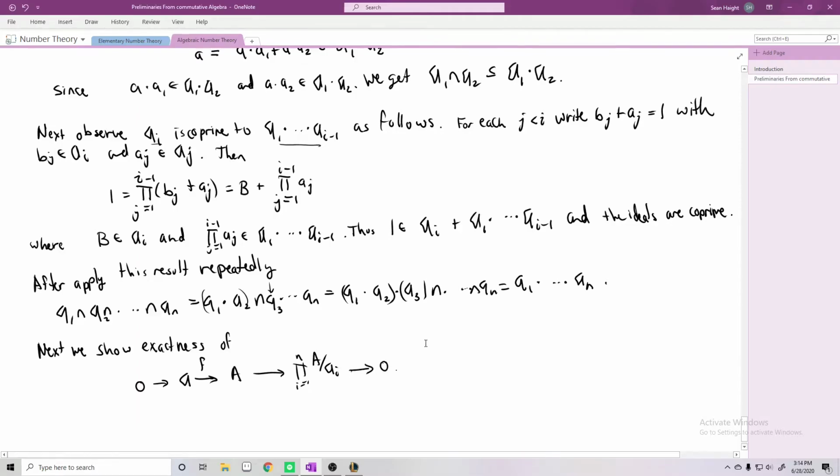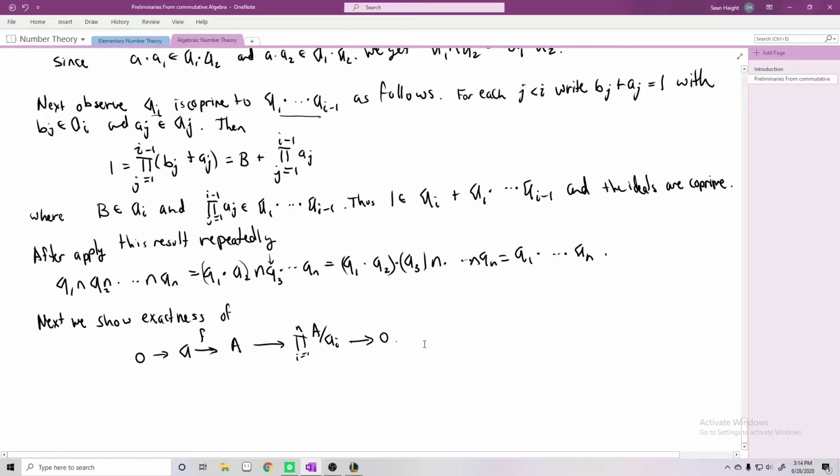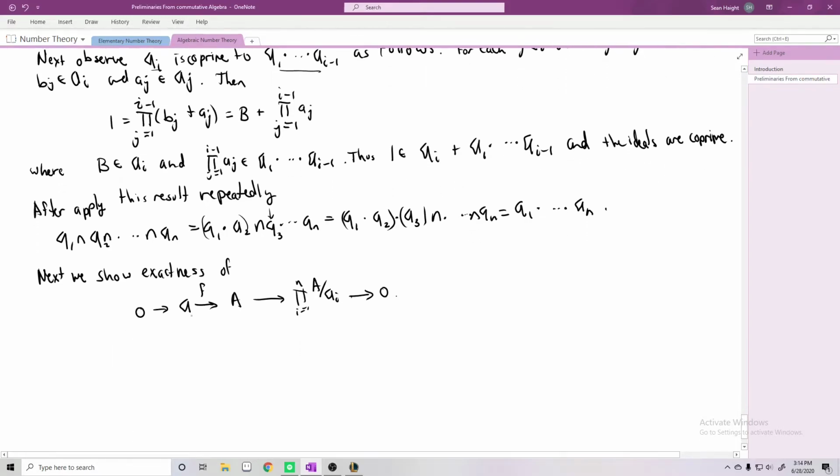Okay, so to check exactness of a sequence, you need to check exactness at every spot. So the first spot I need to worry about exactness is here. And the exactness of this spot is clear because this map is just like the natural embedding, so of course f is injective. So since f is injective, the sequence is exact at the ideal A.